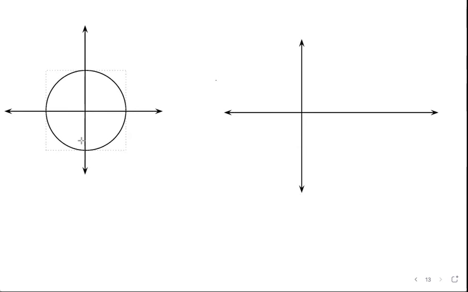If this is my unit circle, and here is the graph of the function. So this is my unit circle. Here is 0, pi over 2, pi, 3 pi over 2, 2 pi.